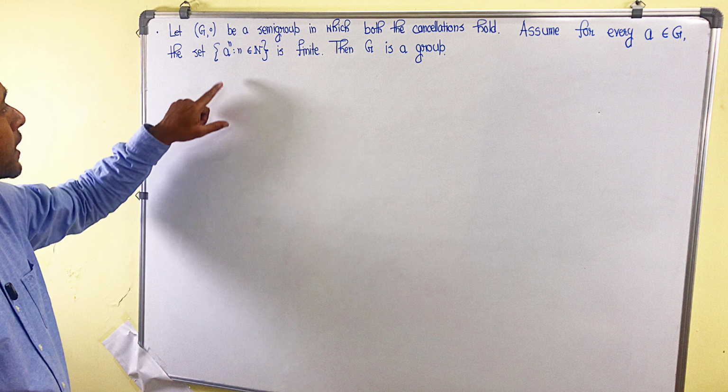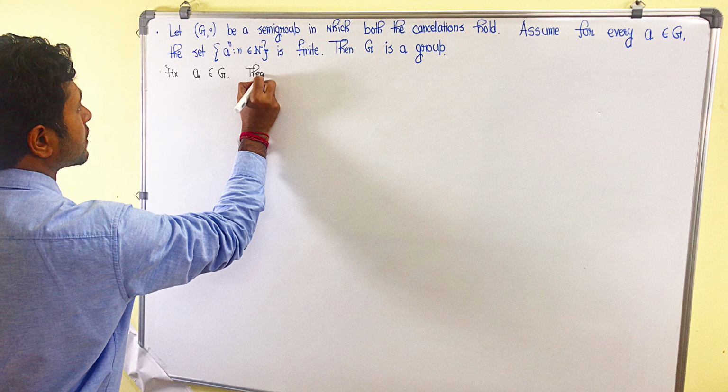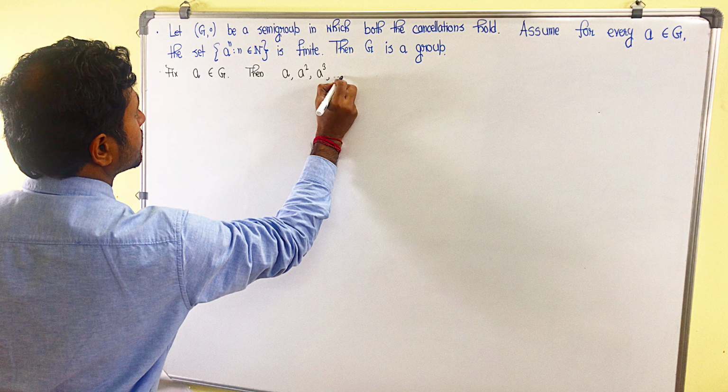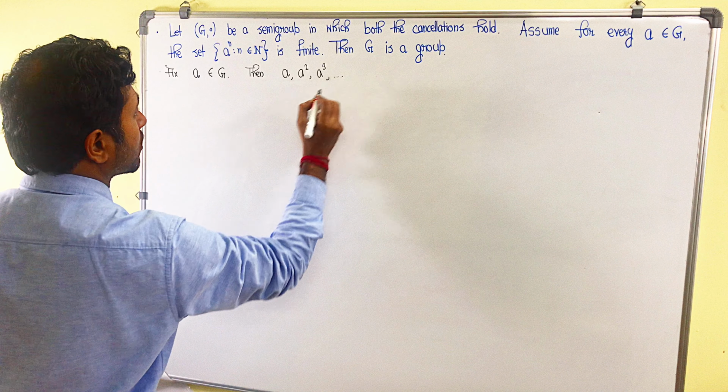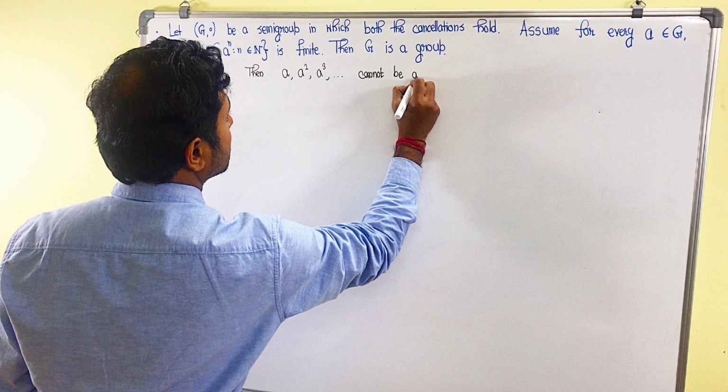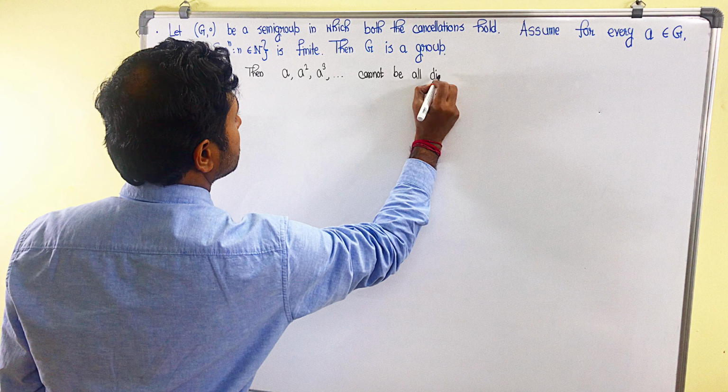Before that, let us fix some element a from that semigroup G. Now, given the hypothesis, these elements a square, a cube, all positive integral powers of a, cannot be all distinct, because it is only a finite set. Which means there must be two indices.